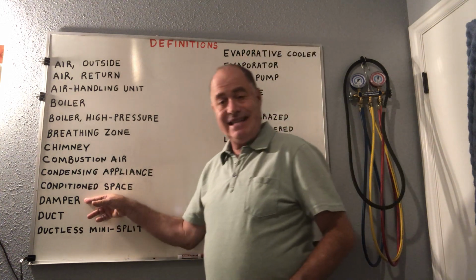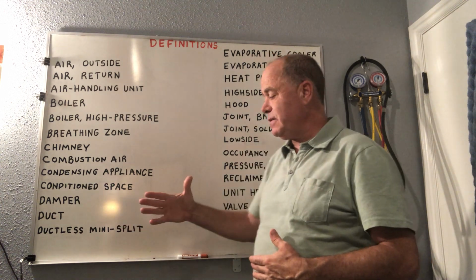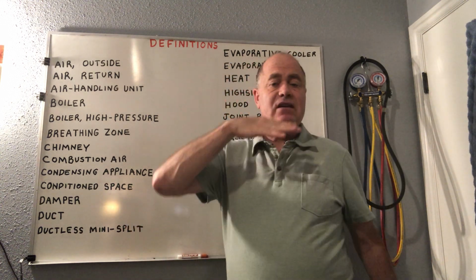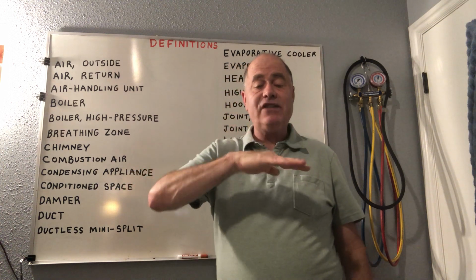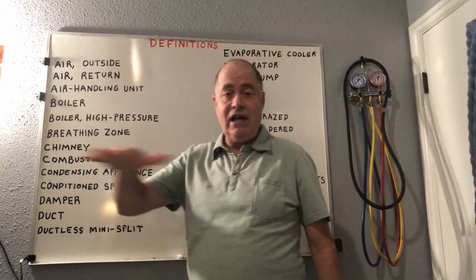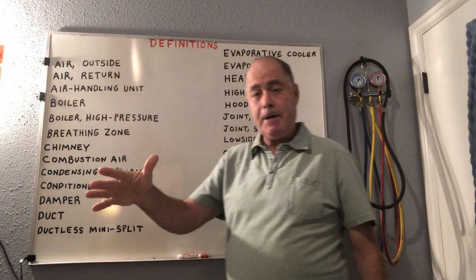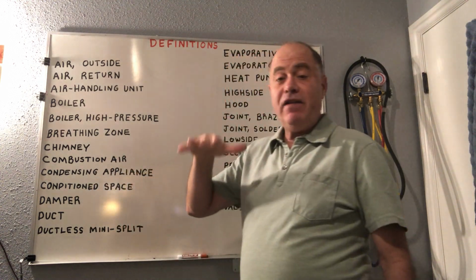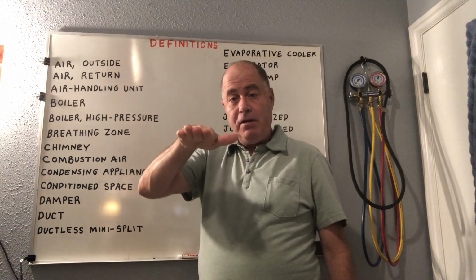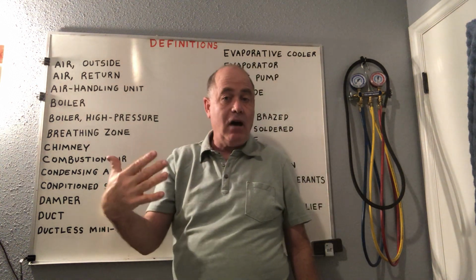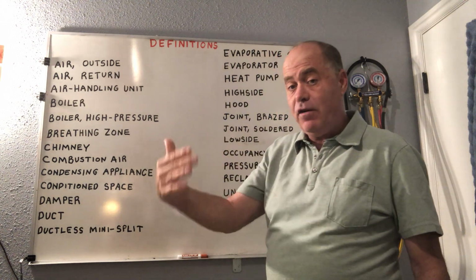Now, what is a damper? A damper is usually a piece of thin metal that can open or close more or less to allow more or less air flow. Okay? And you have manual dampers that you can manually turn with your hand to open it or close it. We have automatic VAV or variable air volume dampers.